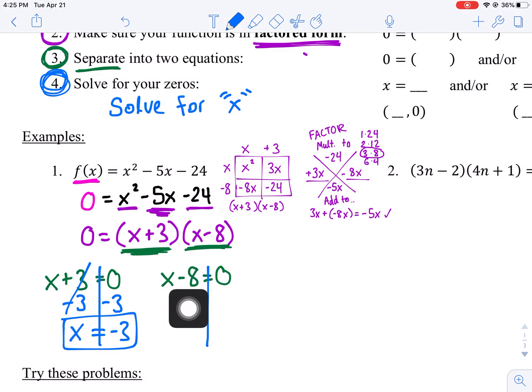And for the other one, x minus 8, the opposite of minus 8 is plus 8. Negative 8 plus 8 cancels. X equals 0 plus 8, which is 8.